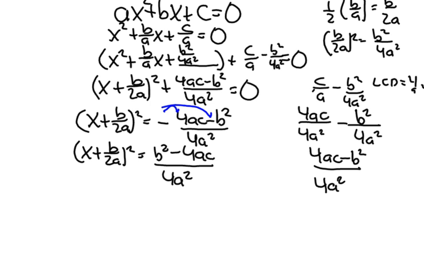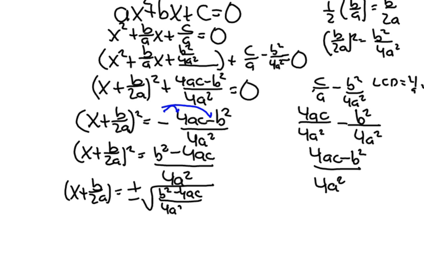Take the square root of both sides. Now, the square root of 4a squared is 2a, so I do not need to rationalize here.